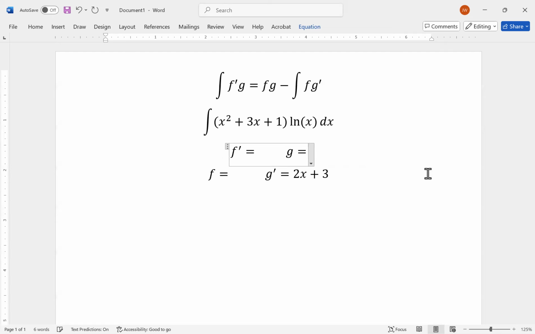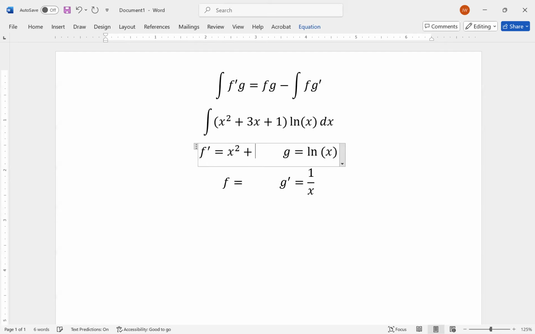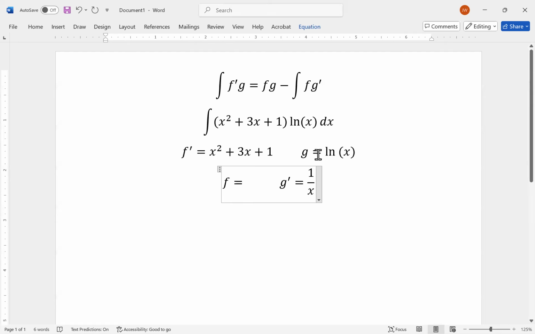That forces me to have my g as natural log of x, so that when I take a derivative, I can get 1 over x. And that means the polynomial is going to be my f prime. So if we have natural log or any other base, but we're just going to use natural log in this class, then we let the g be equal to natural log and the f prime be the polynomial.